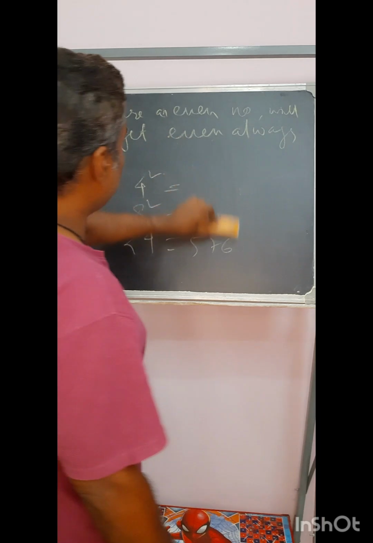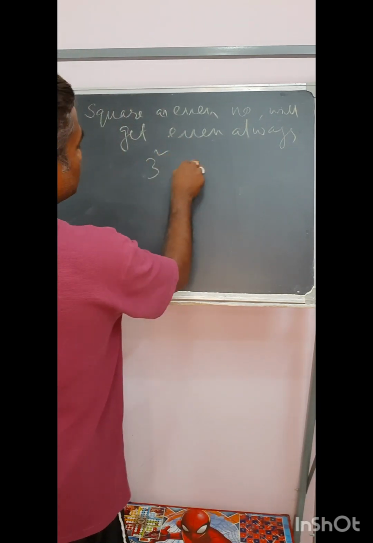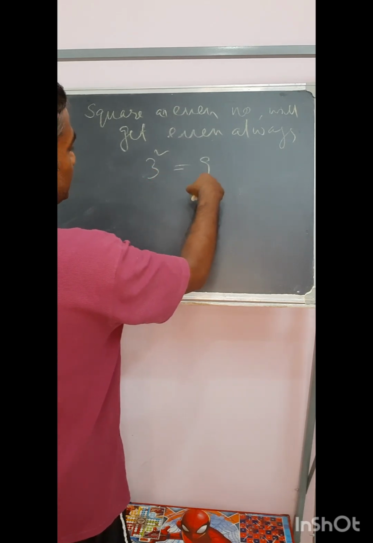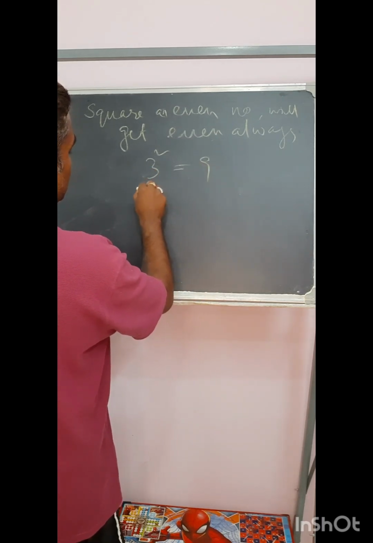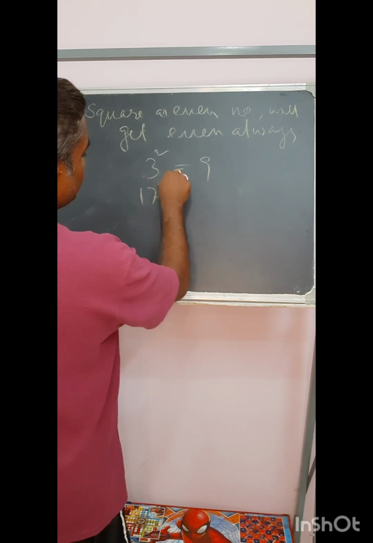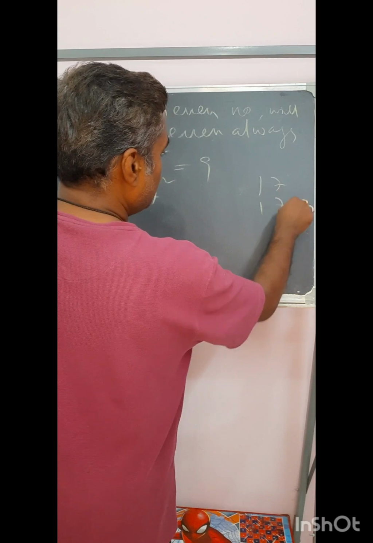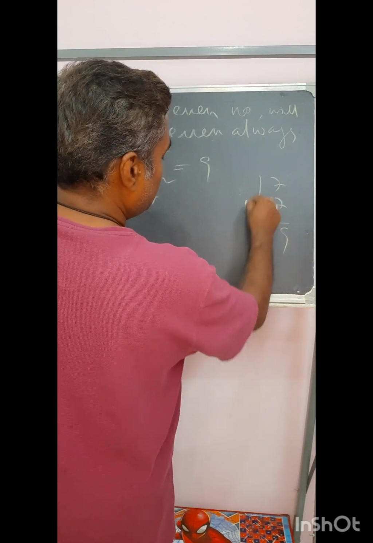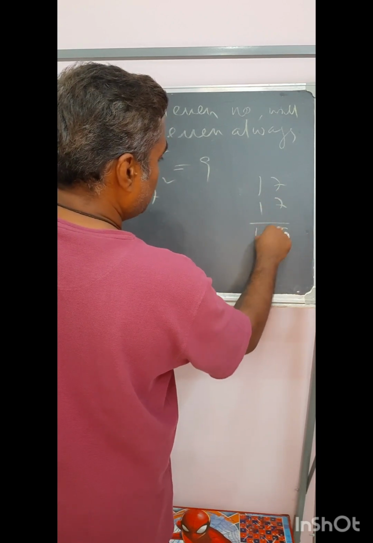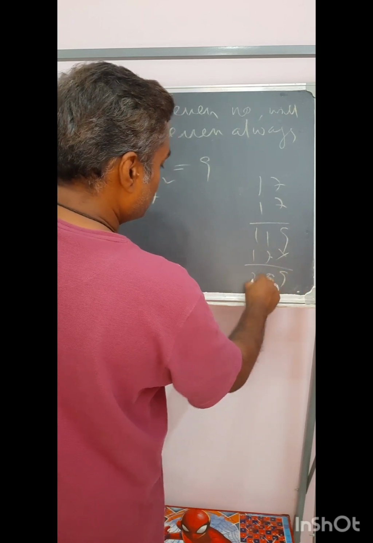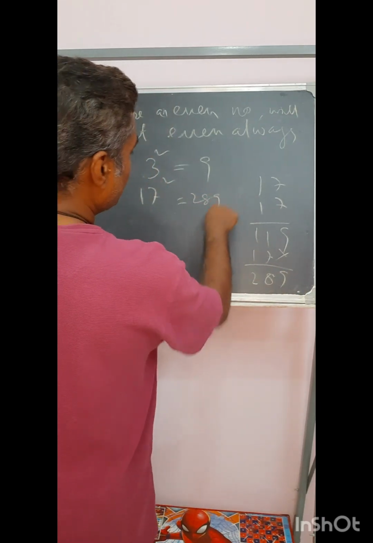Let's try with the odd. 3 squared is 9. So squaring an odd number, I get an odd number. Let's say 17 squared. What will I get? Let's try it: 289.